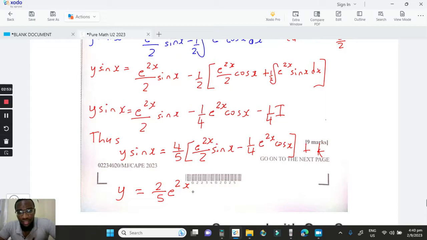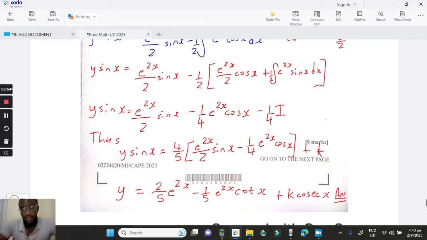Cos over sine is cot. And 4 cancels 4, so that's minus 1 over 5 e to the 2x cot x, plus anything divided by sine, 1 over sine is cosec, so k cosec x. So if you want to give that as an answer, that's fine. No problem.